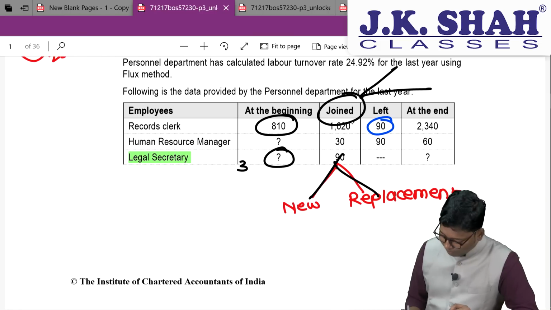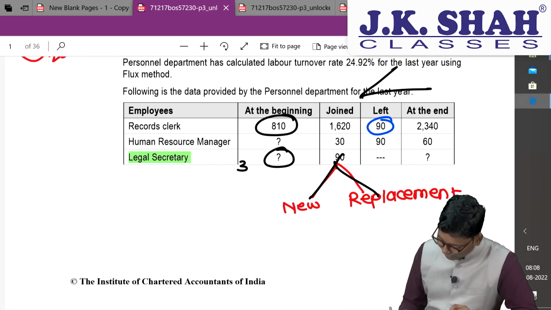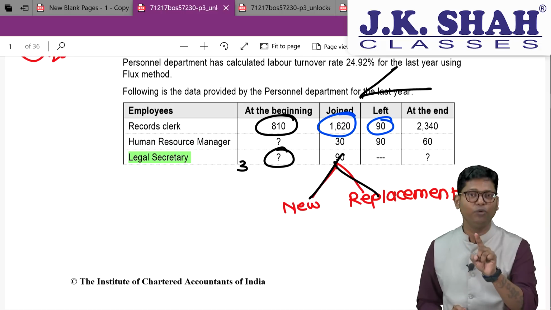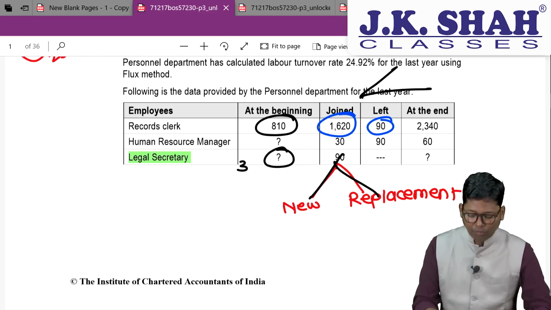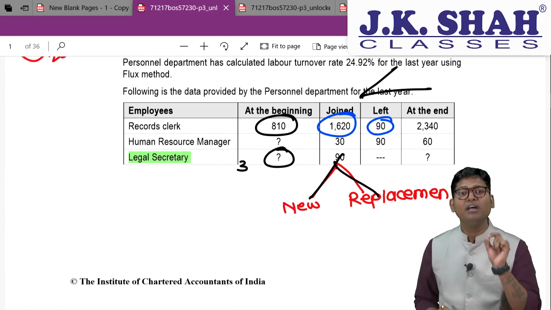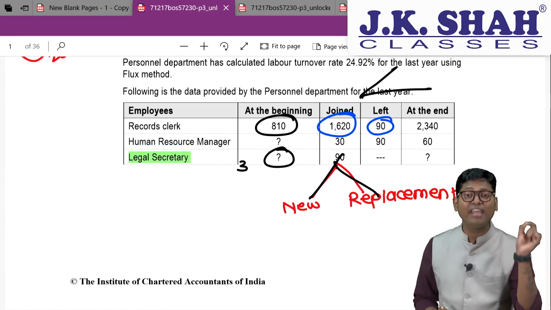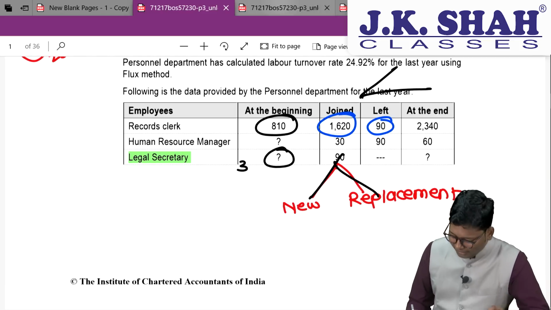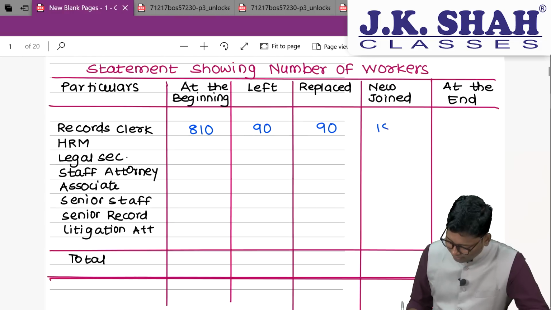And if you check the number of employees joined, 1620 employees joined during the year on this particular post. Out of them, 90 were recruited on the left employees' positions. So they will be considered as replacement, and therefore remaining 1530.